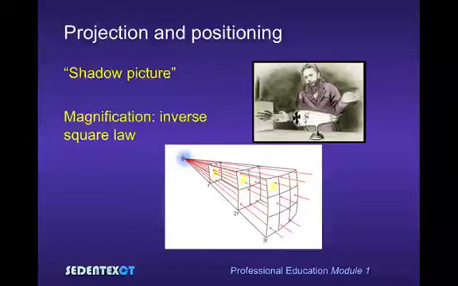X-rays arising from a point source diverge according to something called the inverse square law. If we double the distance from the source of X-rays, we quarter the intensity of those X-rays. This is important to understand in the concept of magnification of images, but also in radiation protection, where distance affords a great benefit in reducing exposure to X-rays.